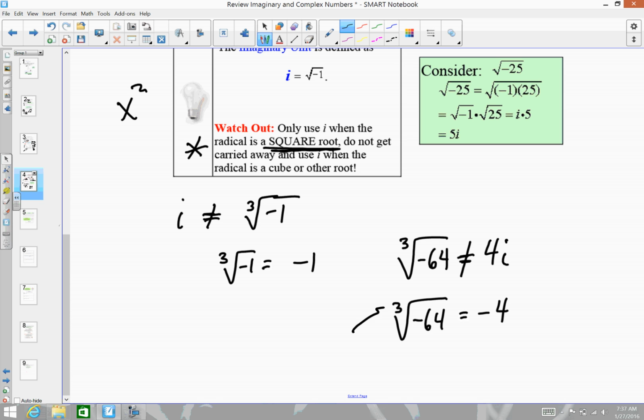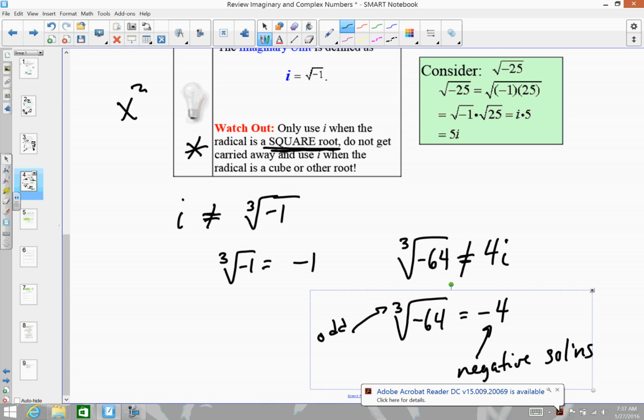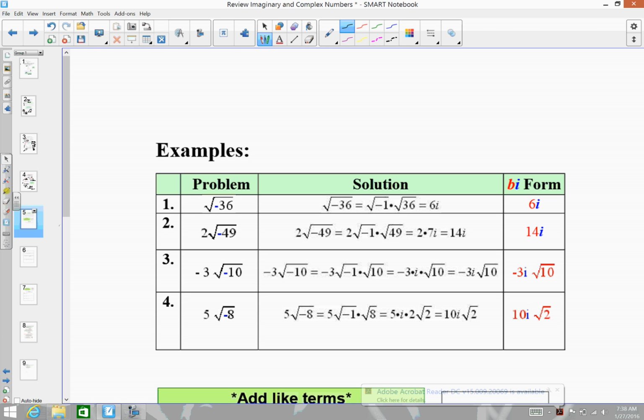Roots with odd numbers can have solutions that are negative. If you have a root that's an even number, then you're going to see i involved. All right, hopefully my throat will clear up here and we can keep going.